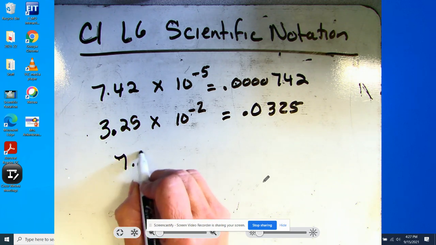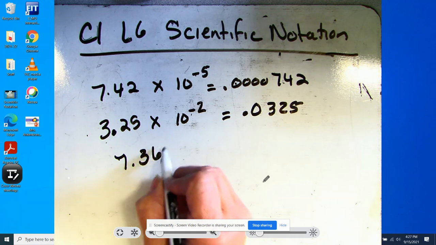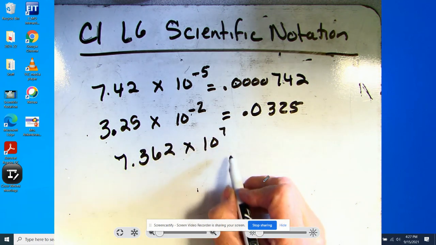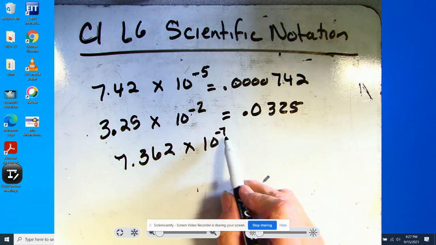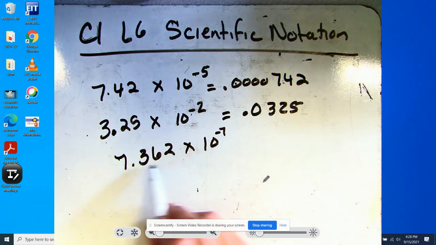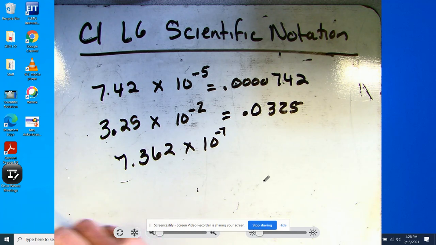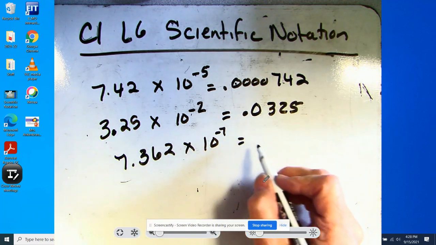Let's try that again. So this would be 7.362 times 10 to the power of negative 7. So you know that's a negative 7. When we move this over here, that's 1. We're going to have 6 placeholders that are going to have zeros in them.